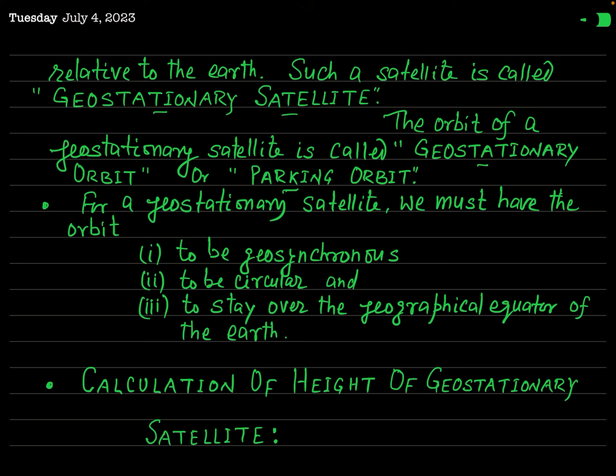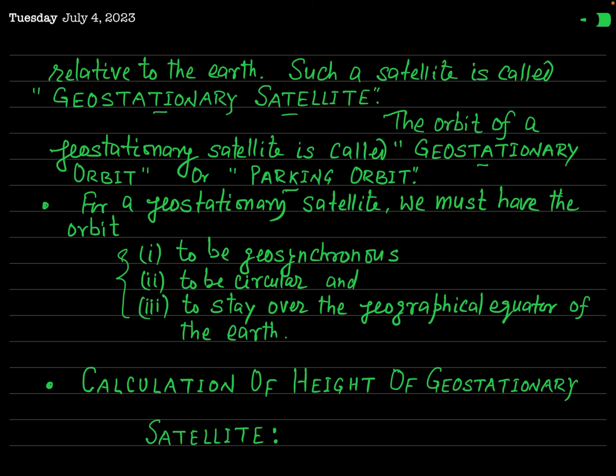Answer is no. There are actually three important conditions for an artificial satellite to be called a geostationary satellite, or you can say an artificial satellite will be a geostationary satellite when these three conditions get satisfied. And what are these conditions?